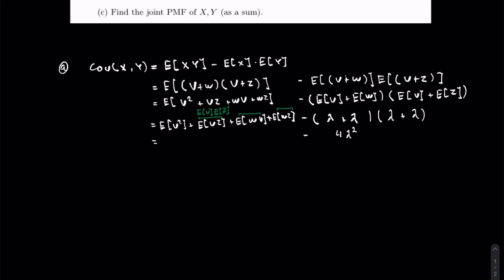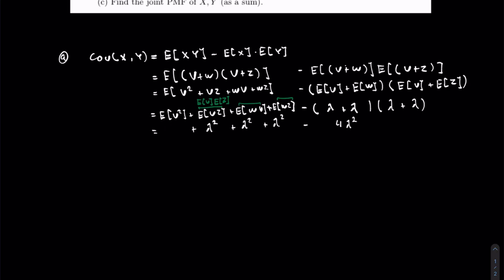And these are now lambdas, so each of these terms is lambda squared. Now for the expectation of v squared, we have to rely on the definition of the variance of the Poisson.